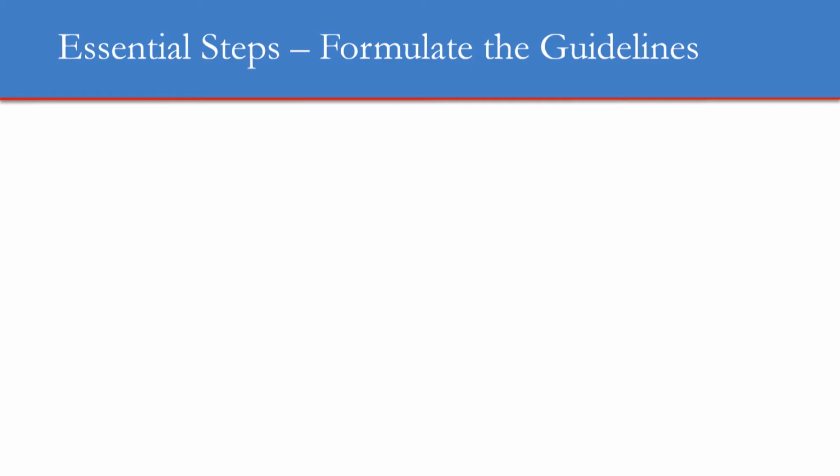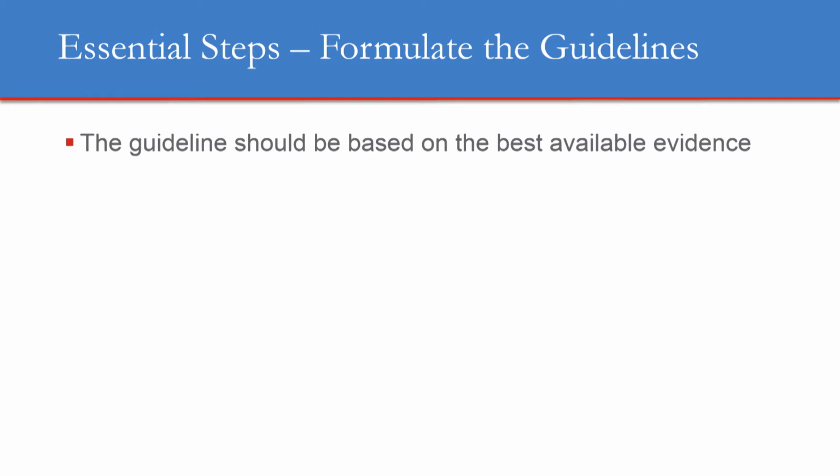After going through all the steps discussed so far and assessing the evidence, which we shall address in the next session, it is now time to formulate the guidelines. The guidelines must be constructed on the basis of the best available scientific evidence of the probable outcomes associated with different interventions.